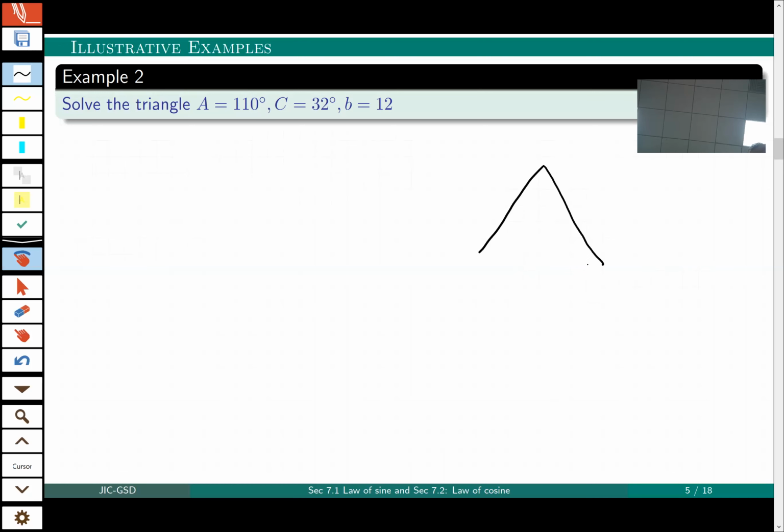Here is again another triangle. So I have the angle A, which is 110, and I have the angle B, we don't have it. I have the angle C, which is equal to 32 degrees. How could I find the angle B?